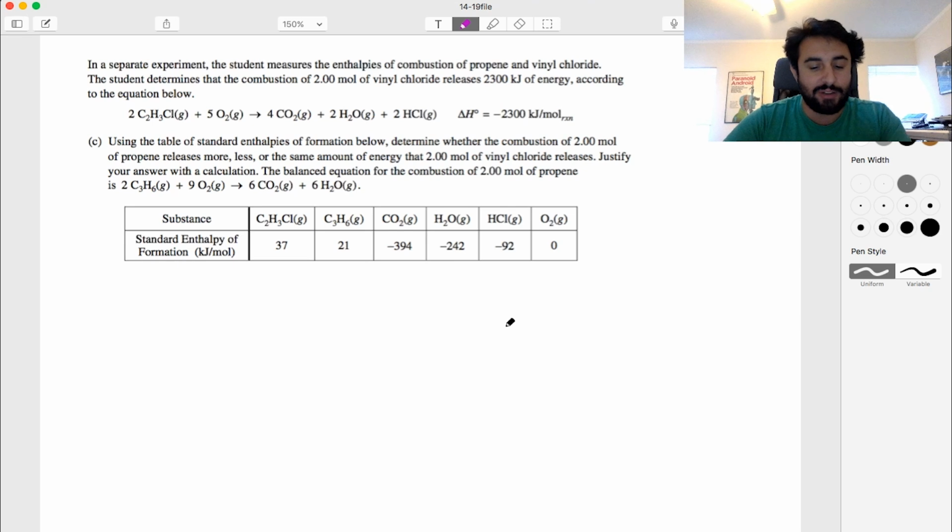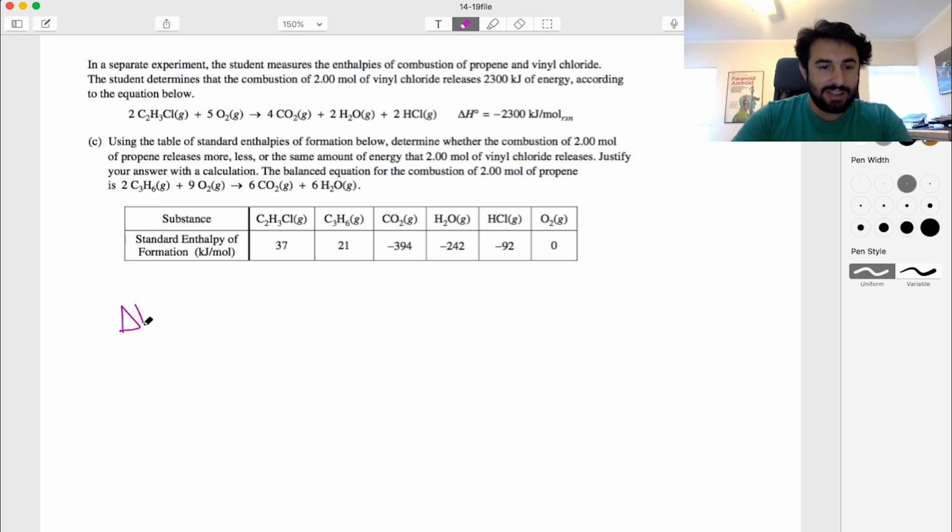So when we're calculating delta H, remember there are these different ways that we can calculate delta H. We can use Hess's law. We can do a bunch of things, but one of them is standard enthalpy of formation. And all we're going to do is add up the enthalpies of formation of the products multiplied by their stoichiometric coefficients, and subtract from that the enthalpies of formation of the reactants multiplied by their stoichiometric coefficients.